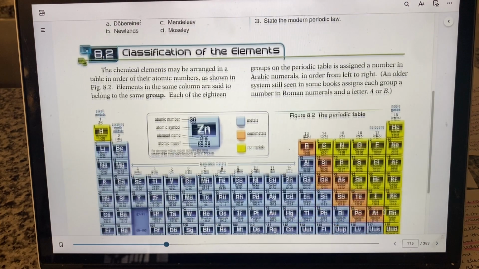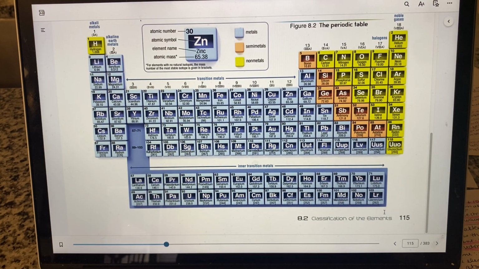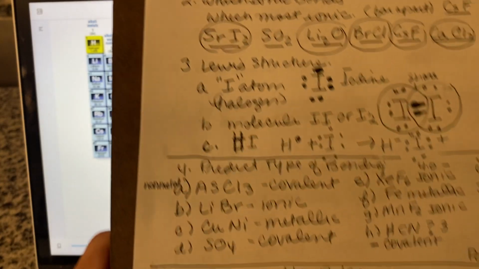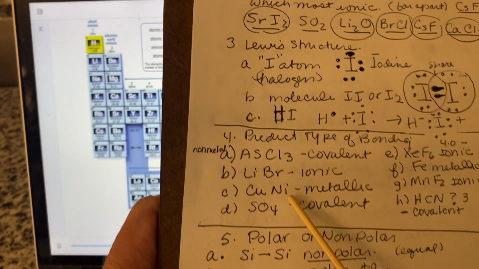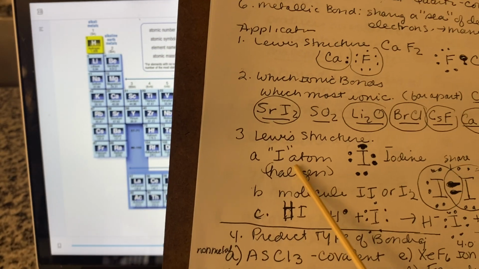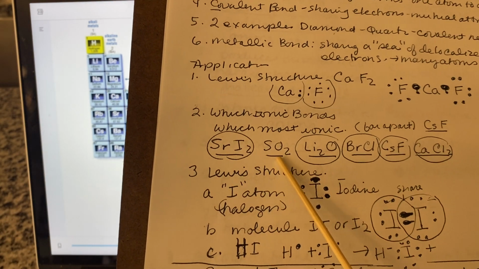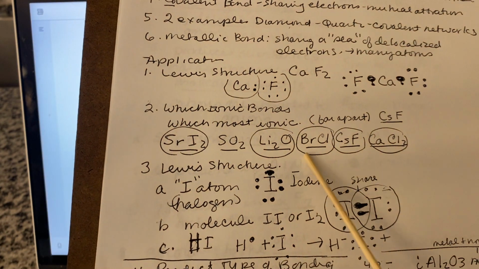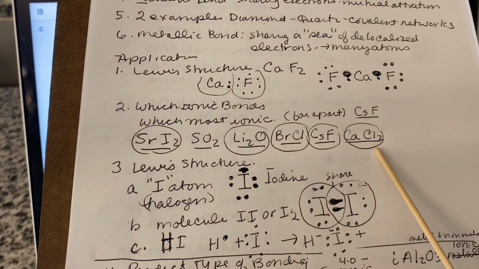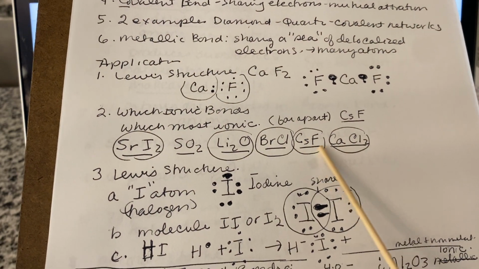Here we go. Right, here's our periodic table. Let's go back to page 115. So now you can see here, I'm looking at predicting, number 2: SrI, SO2, lithium, oxygen, bromine, all of these, and we want to know which ones are ionic.